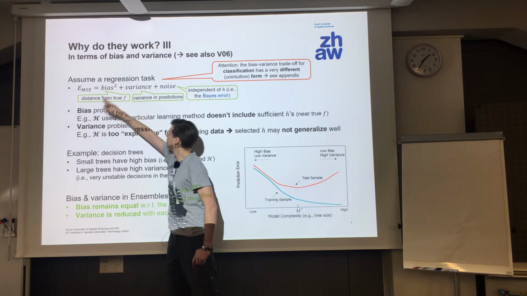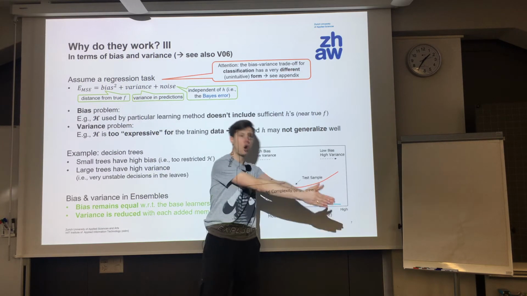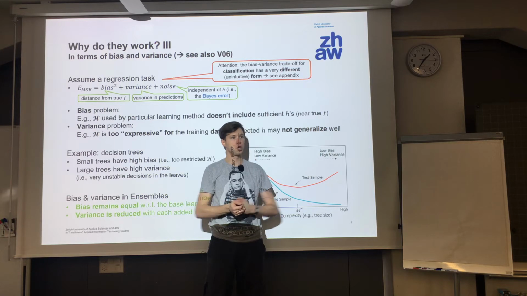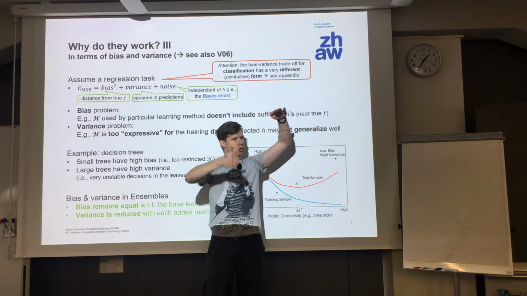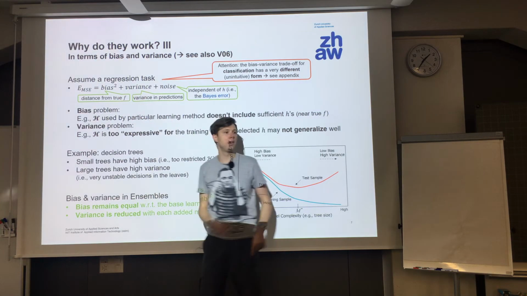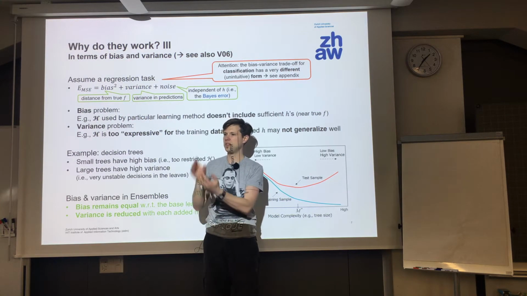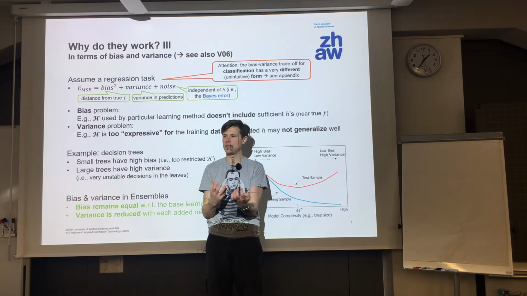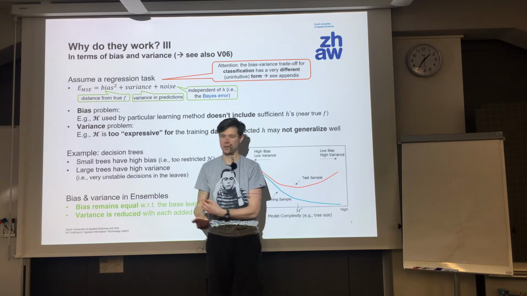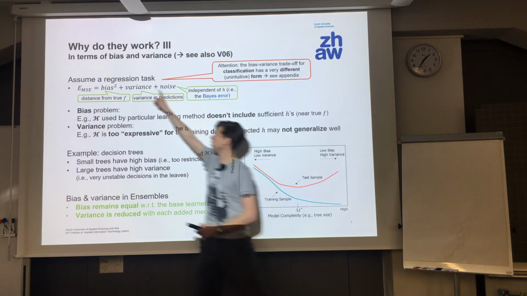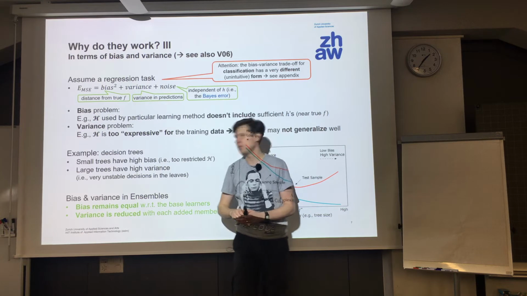We have a bias component where we are systematically off by the choice of our hypothesis space, for example. We've chosen something that can only make rectangular surfaces, but we need a curve. And we have a variance component that is due to the specific sample we are training and testing on, and if you would choose a different sample, it would look a little bit different. And we also talked about that in regression, it really looks like that, a sum of these three terms.